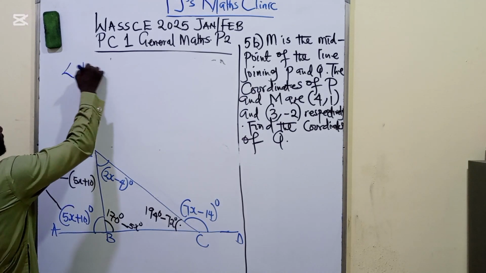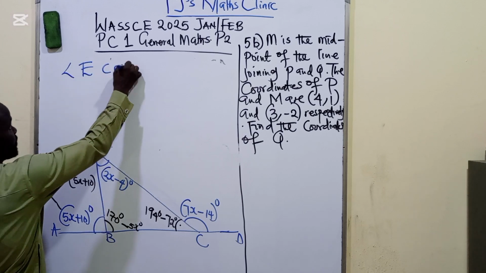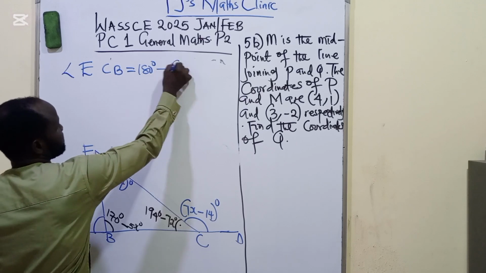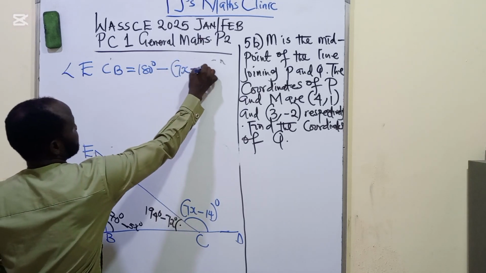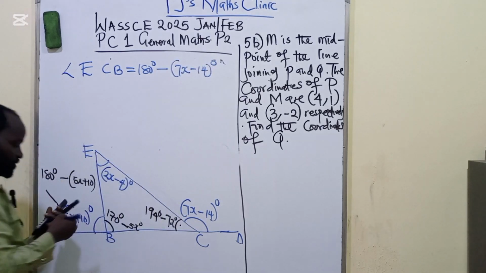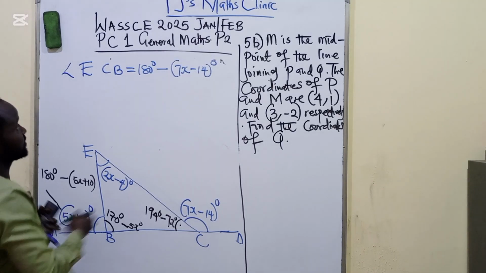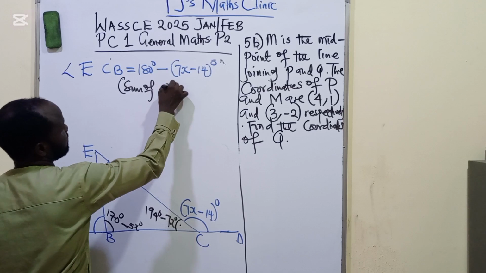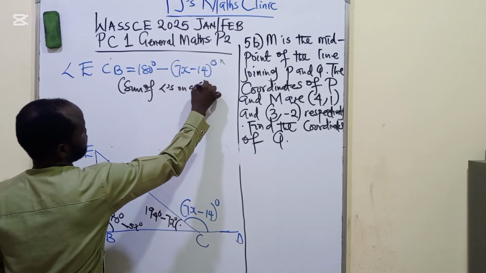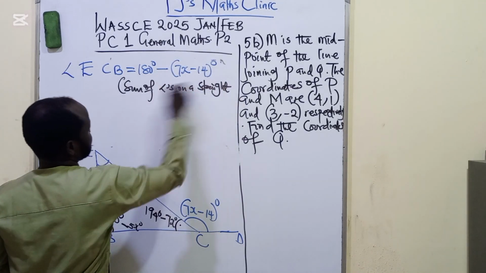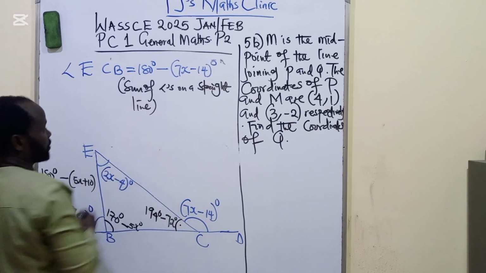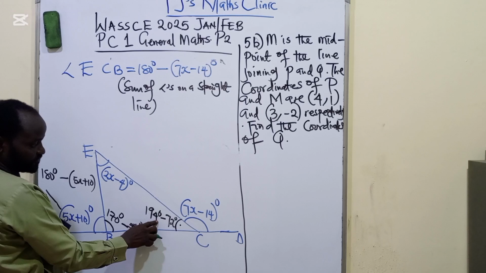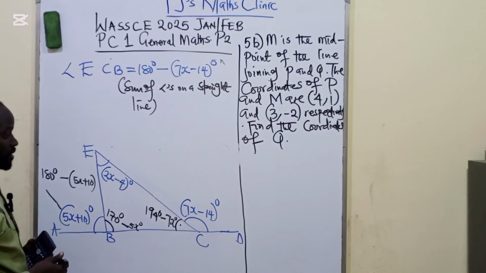Angle ECB will be 180 degrees minus 7x minus 14, all in degrees. The reason is sum of angles on a straight line. You have to state the reason. By the time we remove this bracket, we'll get 194 degrees minus 7x degrees.